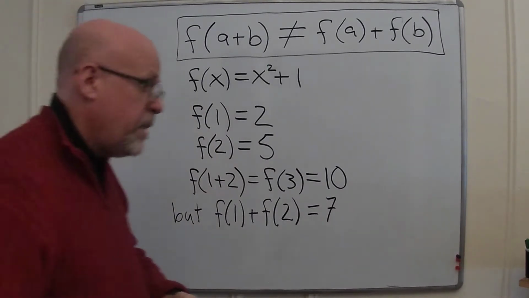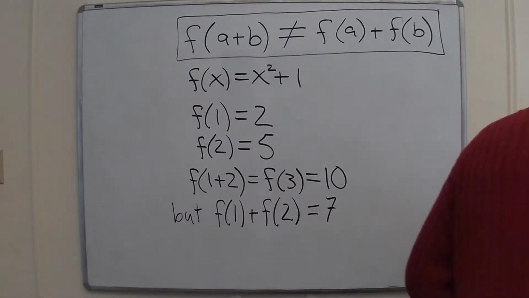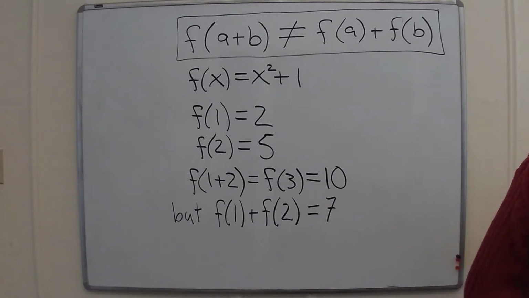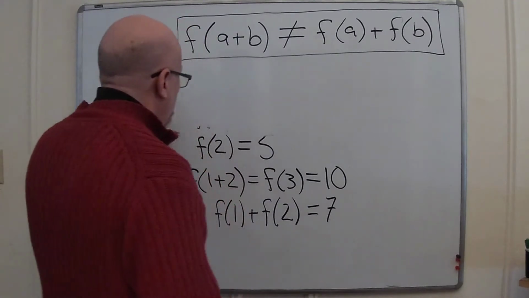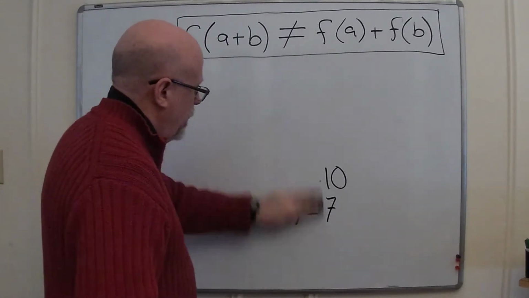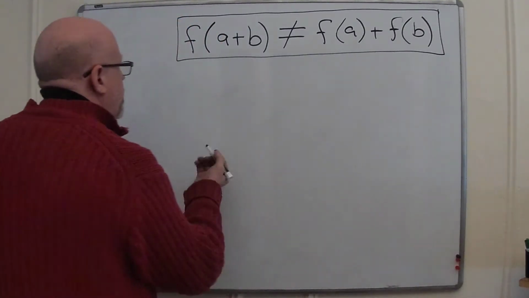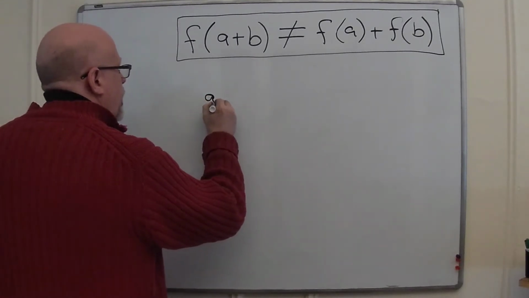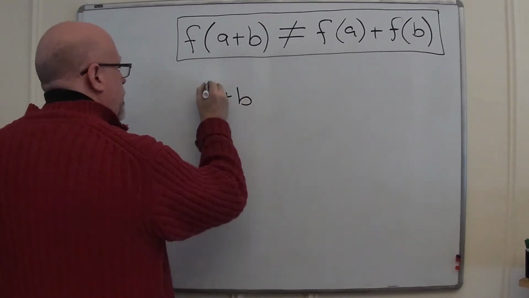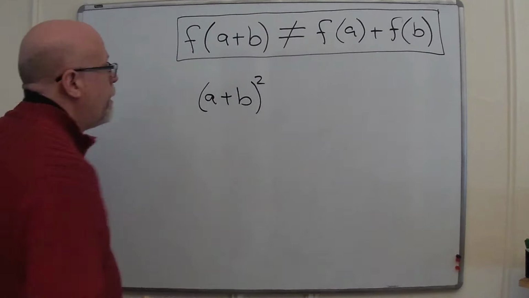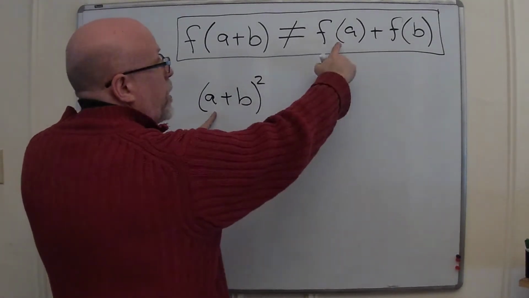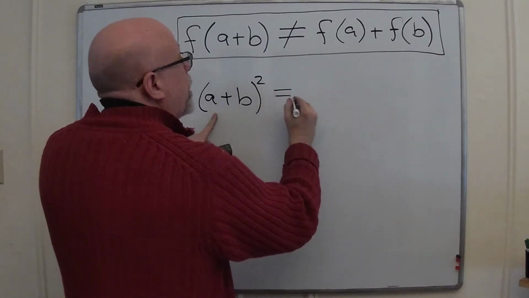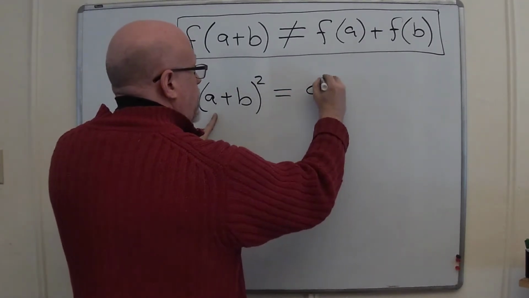I'll give you an even simpler example of this that people get fooled by all the time. It's such a common error. It's known as the freshman error when you take calculus. If the function is squaring, if you have a plus b and the function is squaring, it looks like that, right? A plus b squared, if you sort of separated it out this way, you would say it would be a squared plus b squared, right?